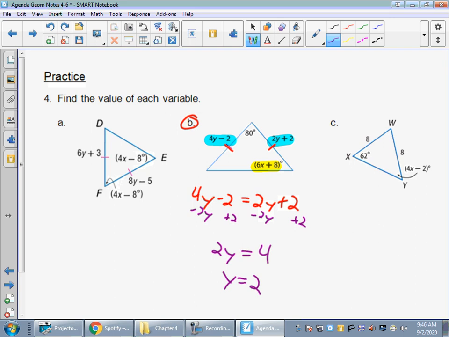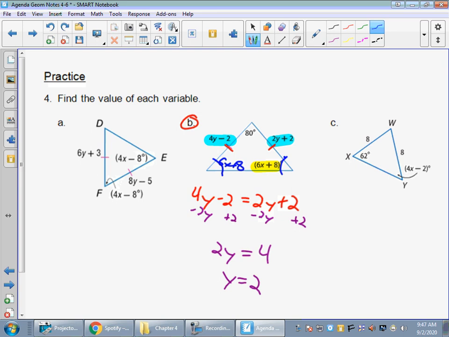Now I have to find the x. Well, the x is highlighted here in yellow. What we have to do here is find what these angles might be, and then I can solve for x by itself. But remember that because these two sides are equal, this angle here is equal to this angle here. So I could technically say that this angle here is 6x plus 8 also.